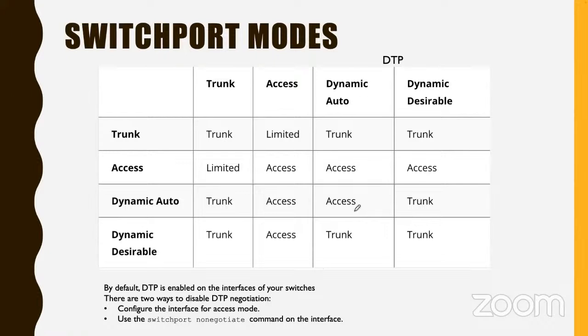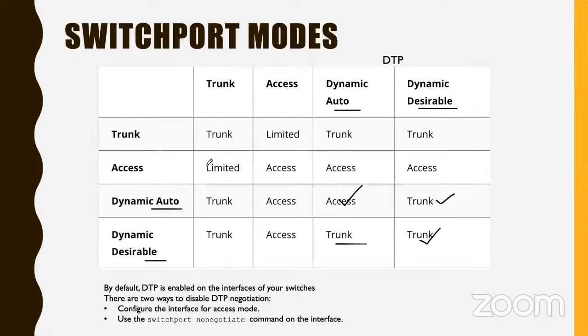If one side is dynamic desirable and the other is auto, it will form a trunk. If one side is dynamic auto and the other is dynamic desirable, the trunk will form. If both are dynamic desirable, the trunk will form. But if both are just listening and do not send anything, the port will be in access mode.